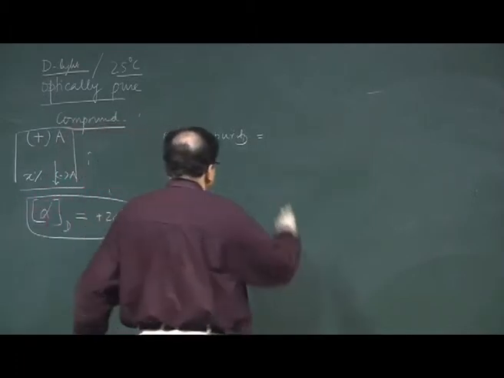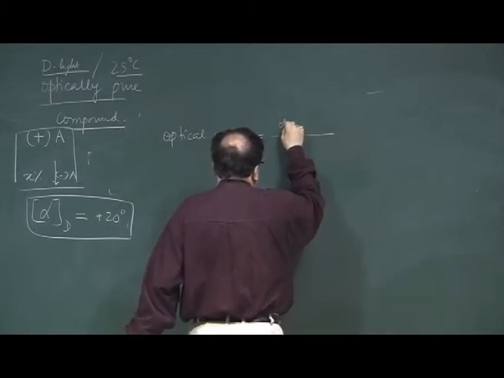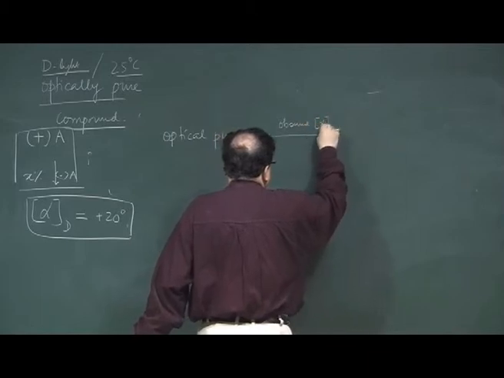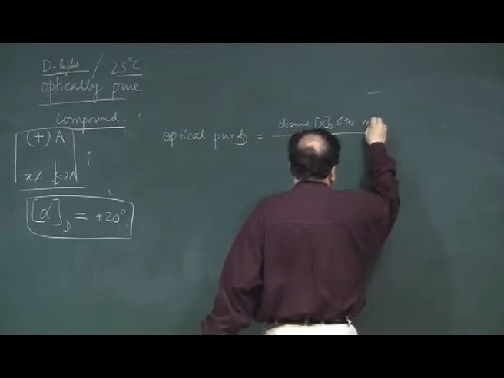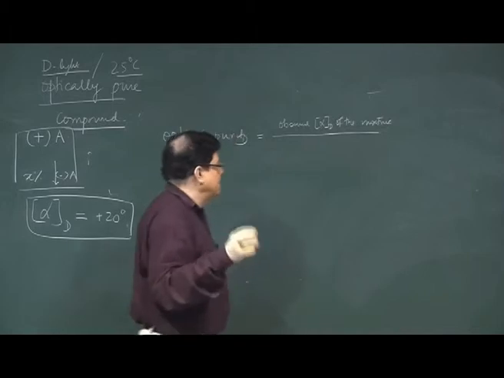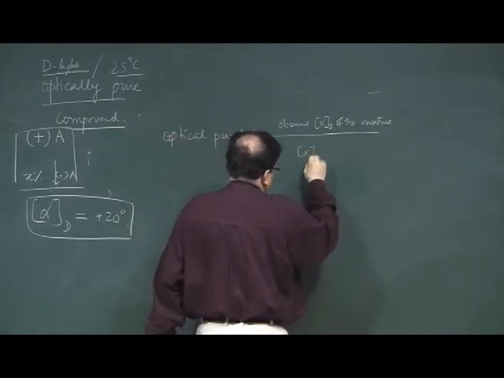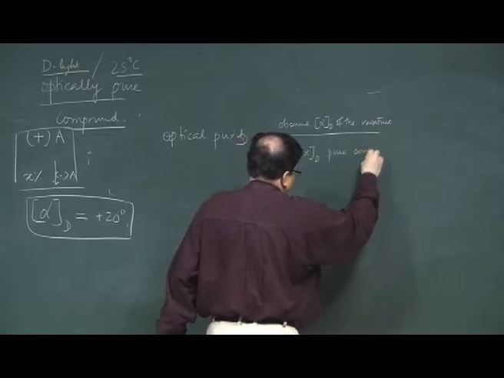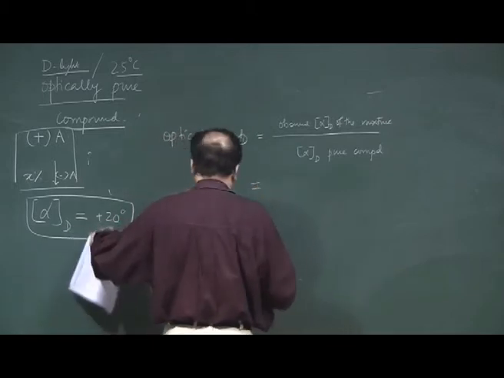What is optical purity? Optical purity is the observed alpha D of the mixture, that means plus A mixed with some minus A, and the alpha D of pure compound. We know that this is given as plus 20.